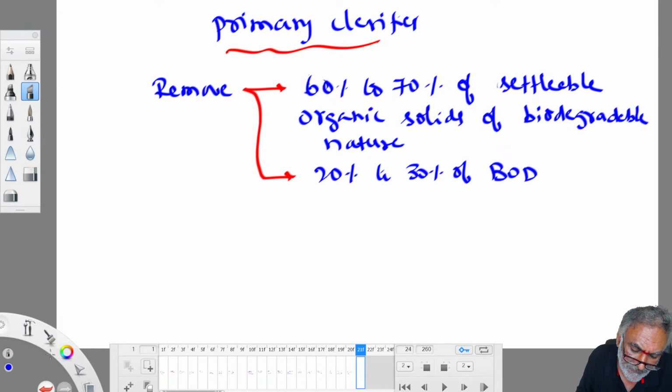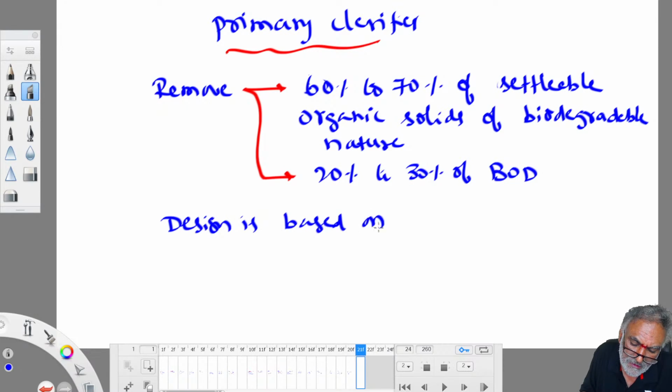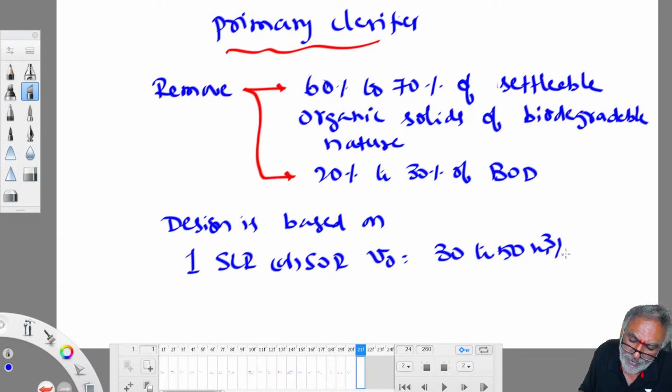The design of the primary clarifier is the same as sedimentation tanks. So design is based on surface loading rate or surface overflow rate V0, whose value is normally taken very high, 30 to 50 meter cube per day per meter square.